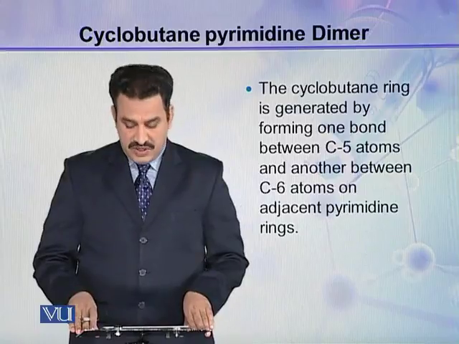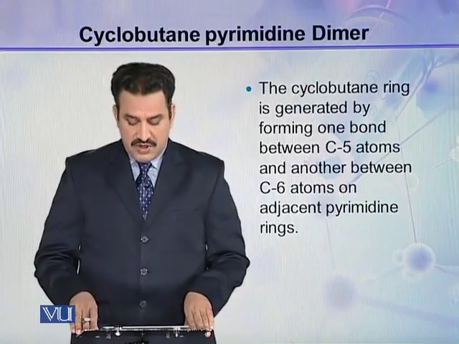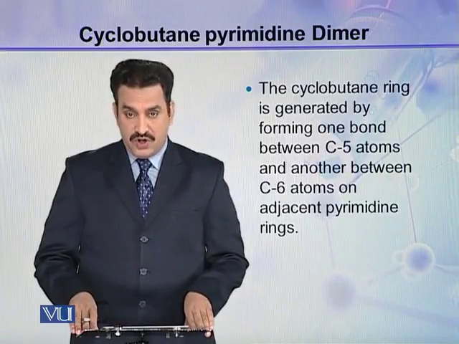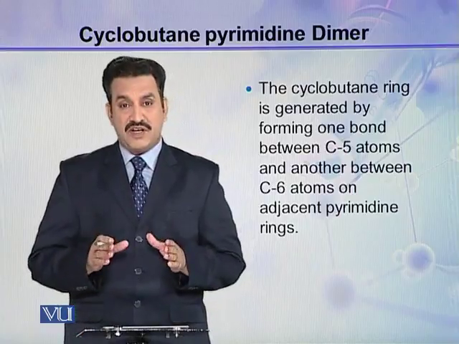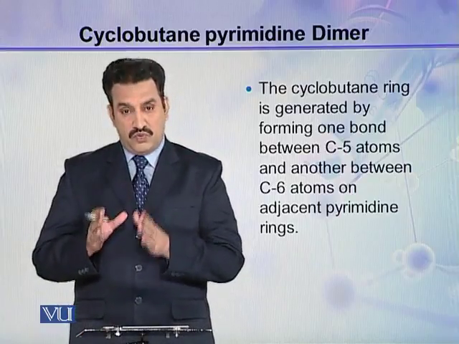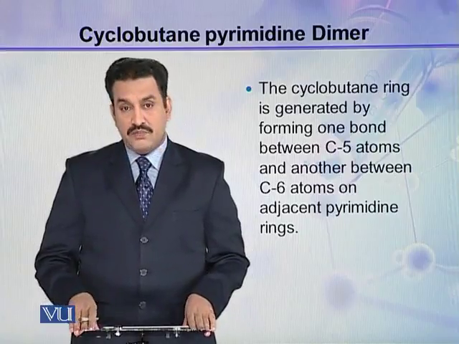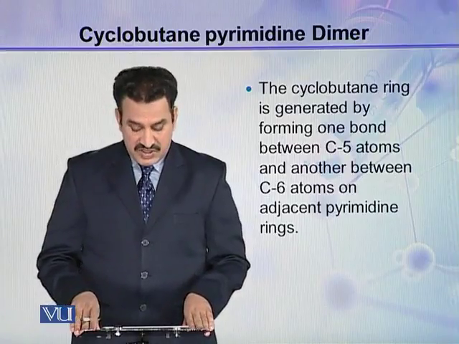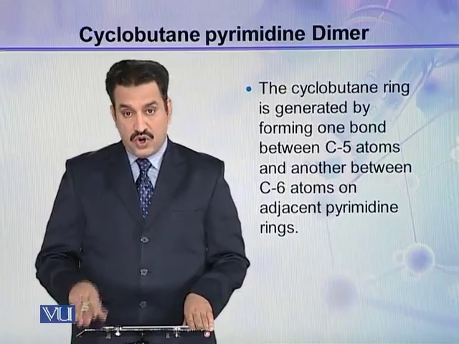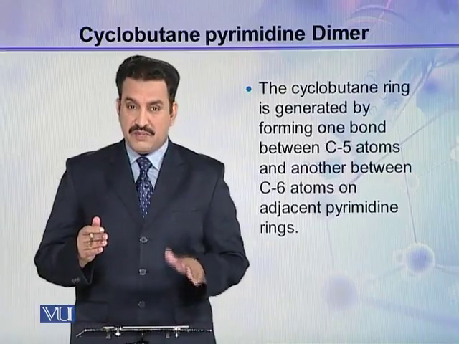The cyclobutane ring is generated by forming one bond between the C5 atoms of one thymine or pyrimidine and the adjacent pyrimidine, and the second bond is formed between the C6 atoms on the adjacent pyrimidine rings.